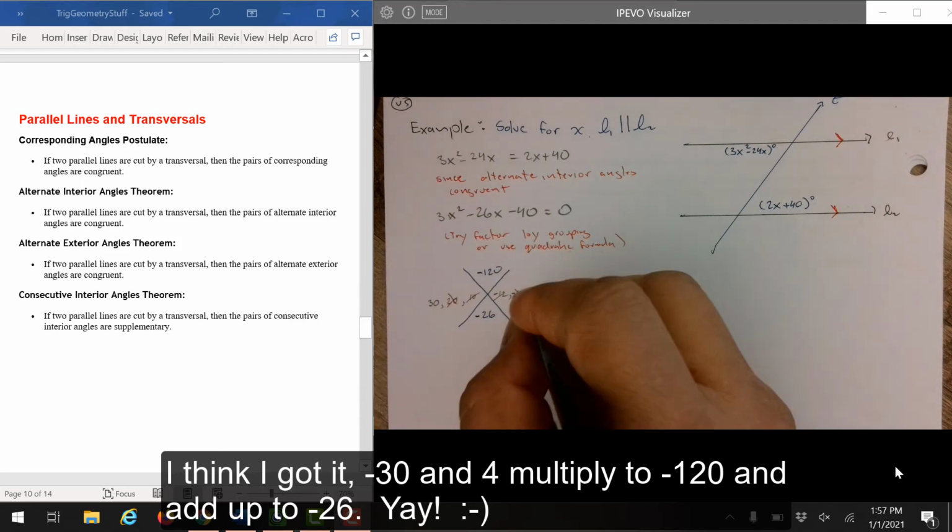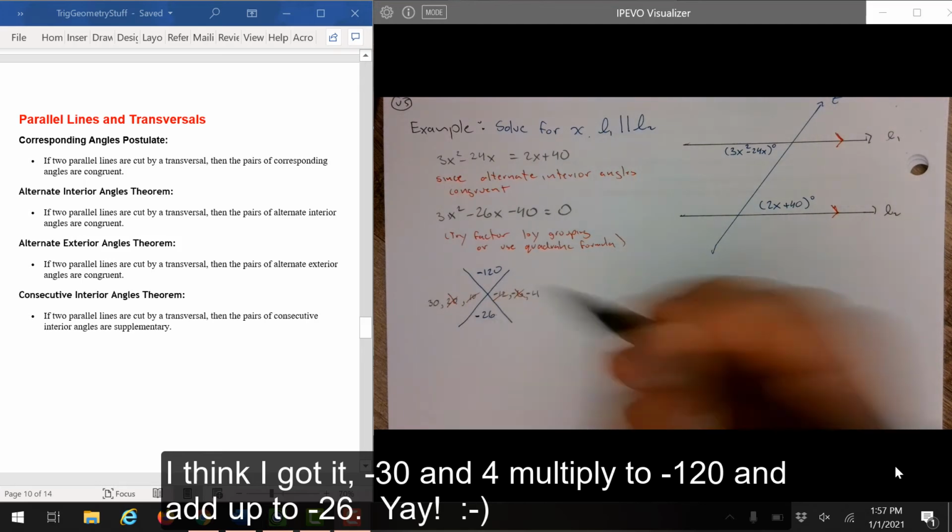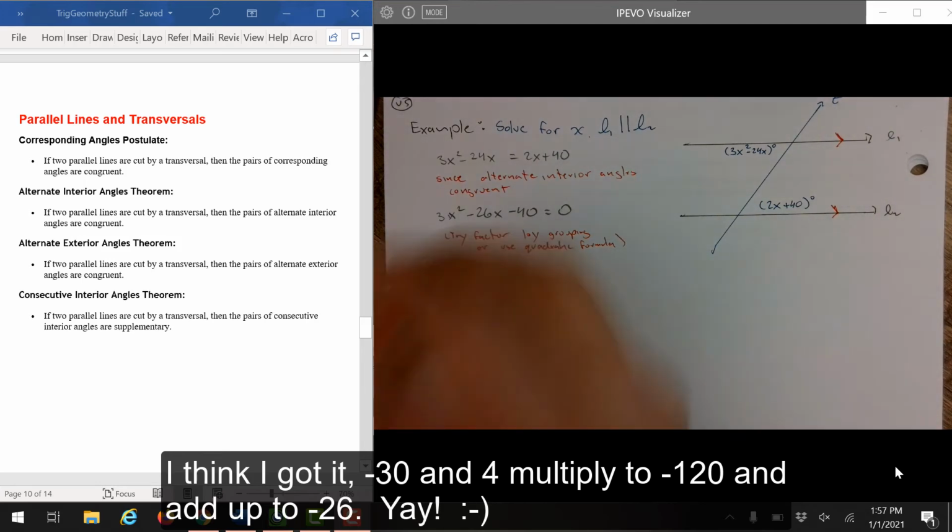Negative 30 and 4 multiply to negative 120 and add up to negative 26. Yay!